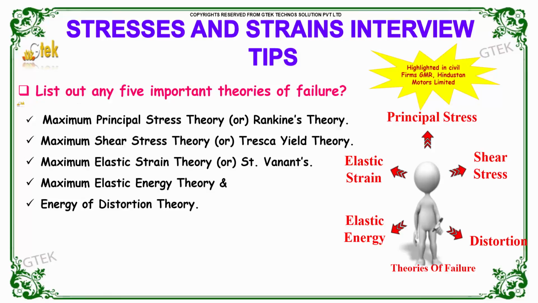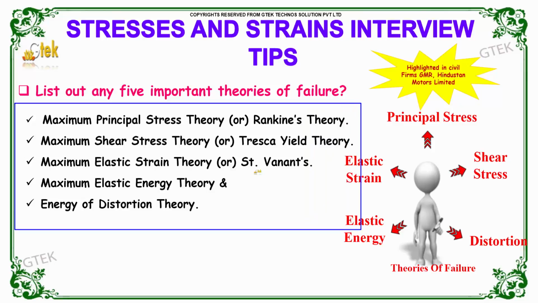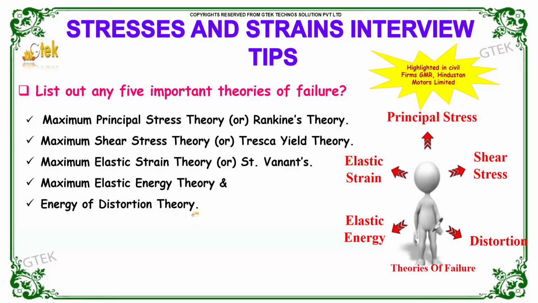The following are the theories of failure: maximum principal stress theory or Rankine's theory, maximum shear stress theory or Tresca yield theory, maximum elastic strain theory or Saint-Venant's theory, maximum elastic energy theory, and the final one is energy of distortion theory.